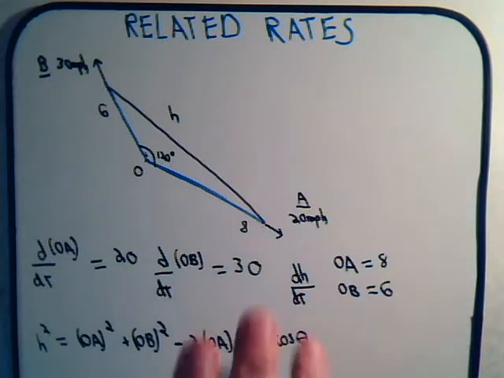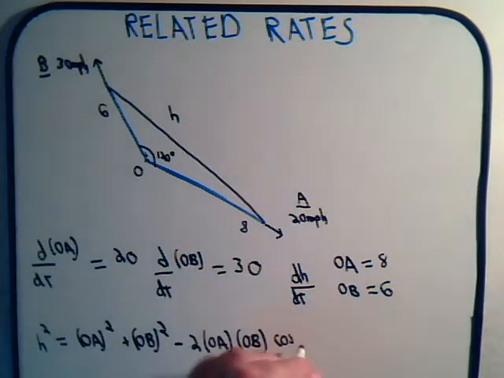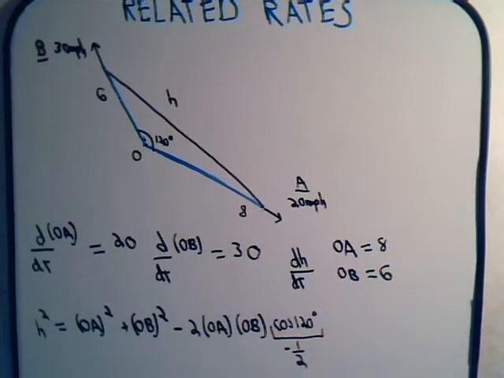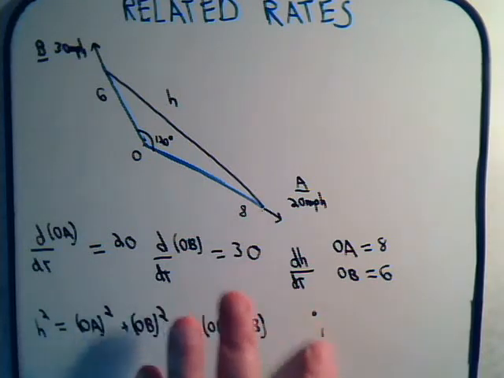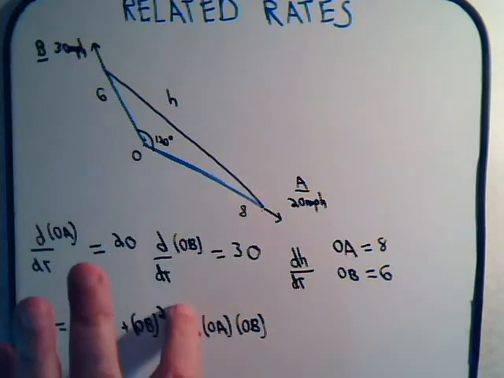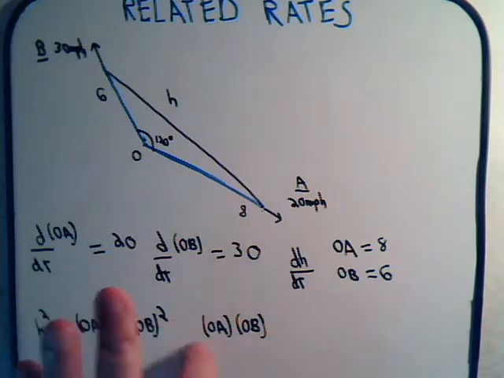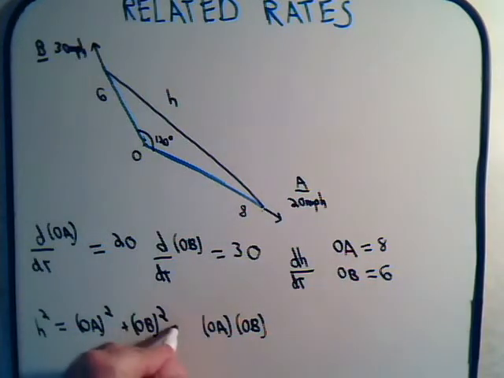So for 120, that is minus 1/2, which makes this a plus and takes the 2 away. So we can rewrite this, take out the 2, and a minus becomes a plus.